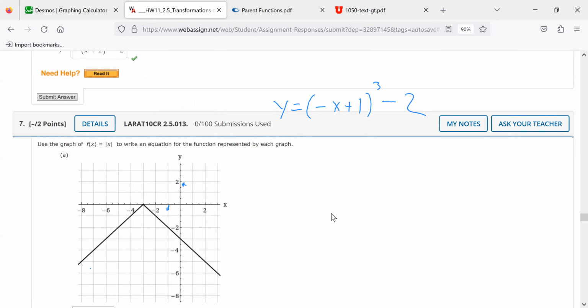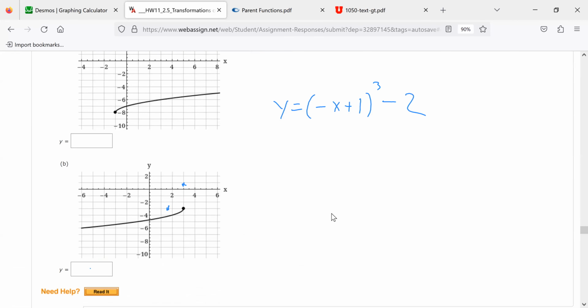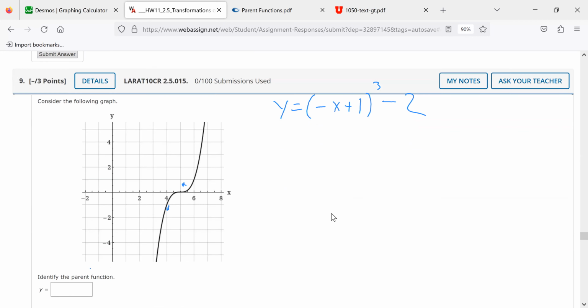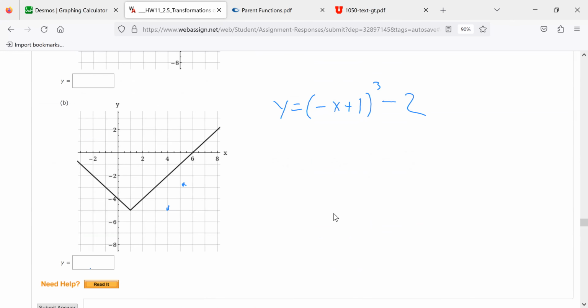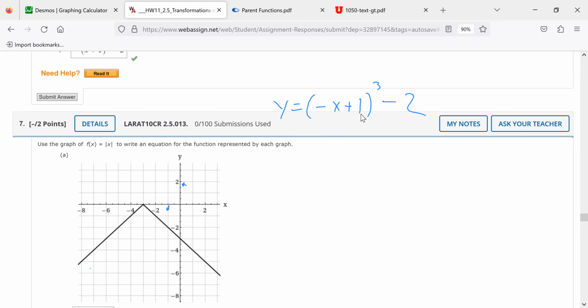Okay. Alrighty. Well, yeah, it's the same thing over and over again. Any of these seem difficult? What about the absolute values? That seem doable?